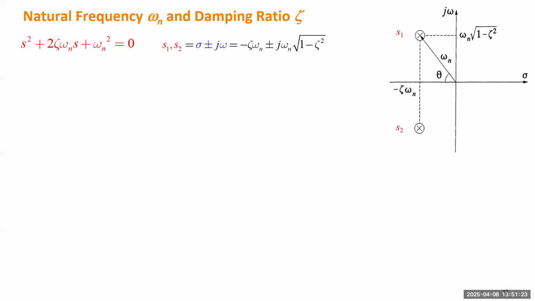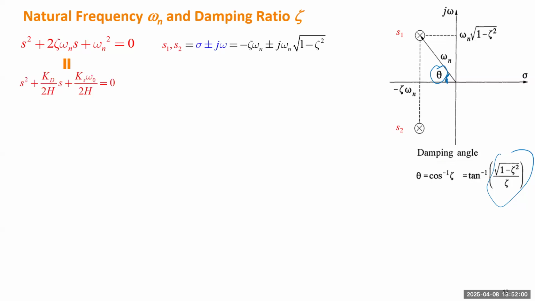If we draw a phasor connecting the origin to either root, it gives you an angle, this theta angle. That theta angle is equal to arc cosine zeta, or arc tangent of this expression. So theta basically characterizes the angle from the real axis to either root.